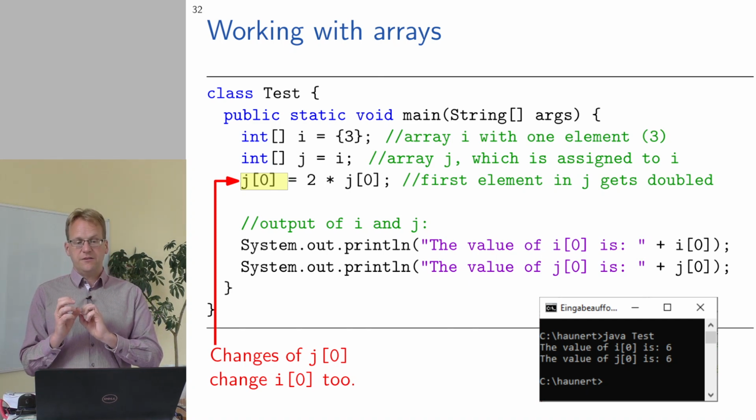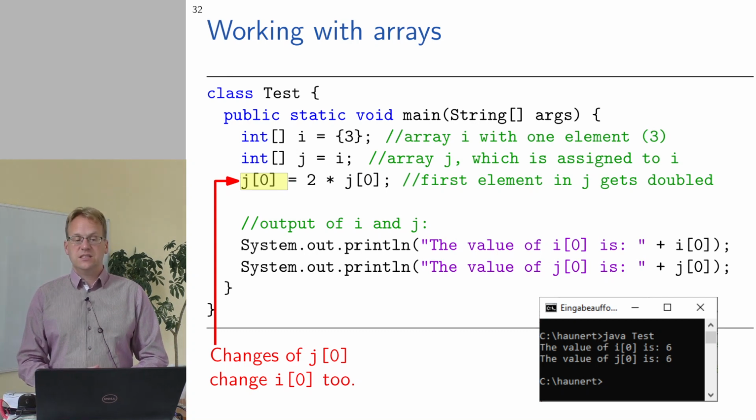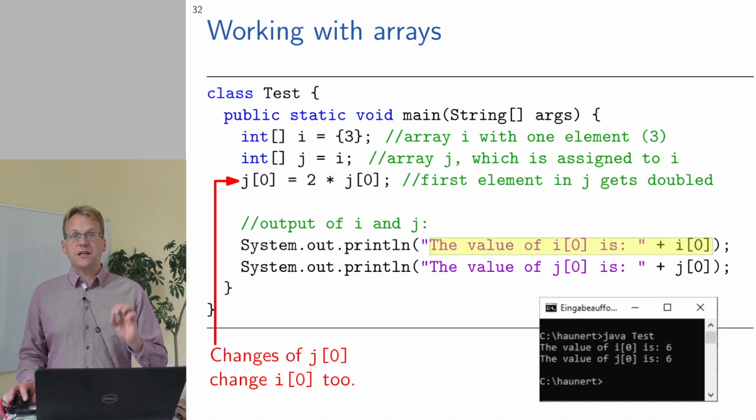In the third line of code we just multiply this first value within j with 2 and the result is then assigned to that first position of j. And now we are again reporting the current value in i and j, namely at the first position of each of these arrays.